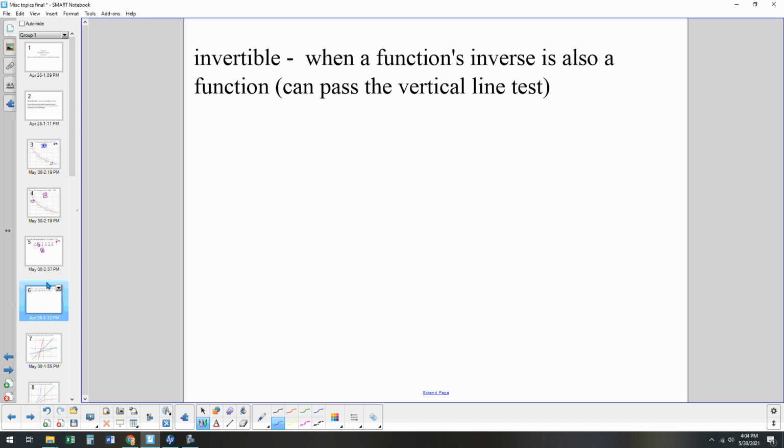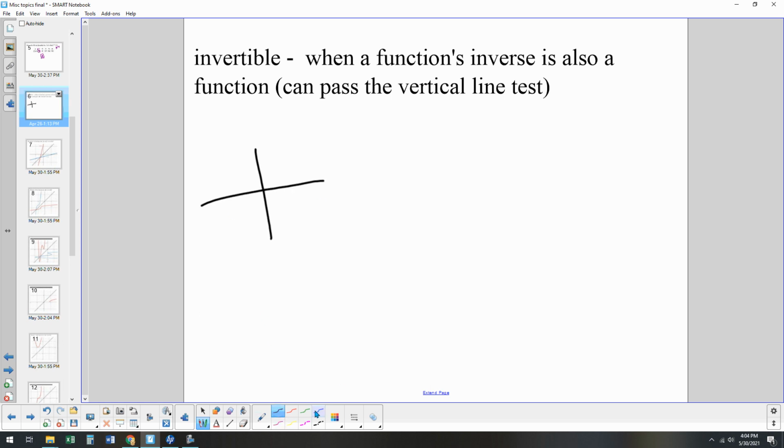So another word that we didn't talk about is called invertible, and it's based on the word inverse. Invertible is when a function's inverse is also a function. So that means it could pass the vertical line test. If you recall, the vertical line test is if you had a function and you tried to draw vertical lines on it, it only crosses the graph once.